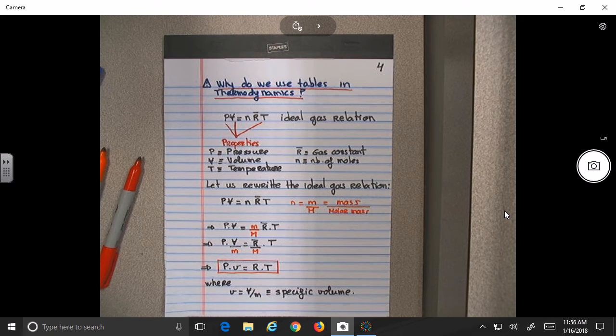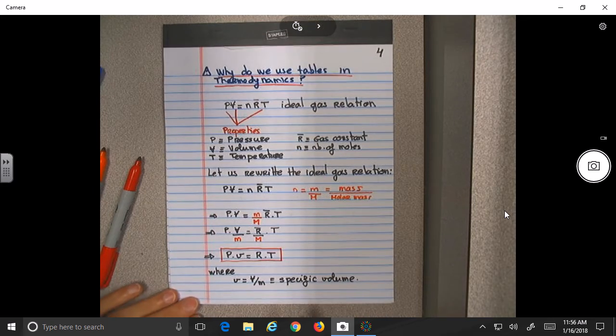So in thermodynamics, when you use the term specific, it is per unit mass. Generally we use uppercase letters for the full property volume and lowercase for specific values, but we can mention that later.